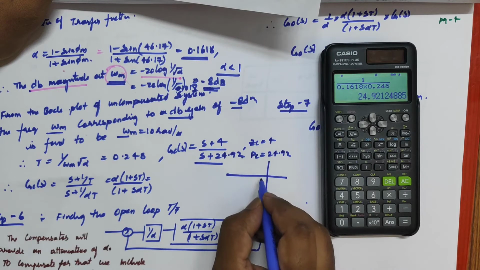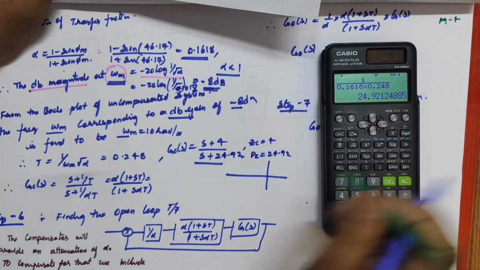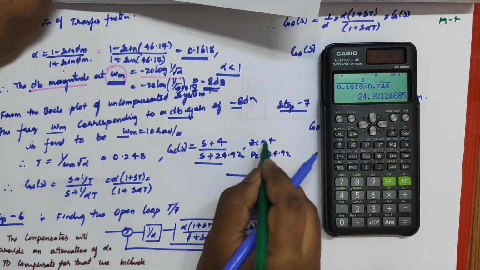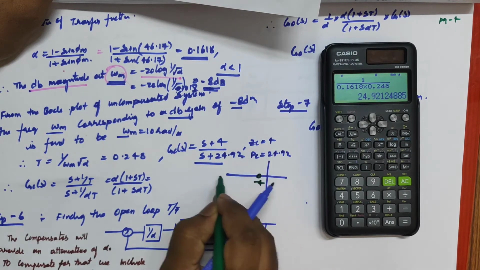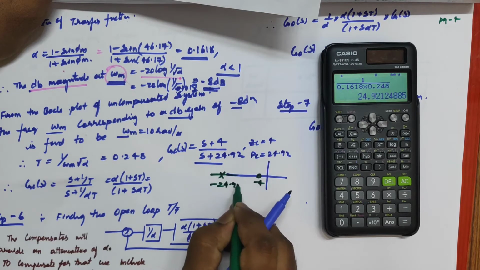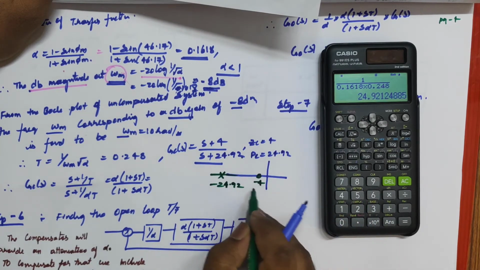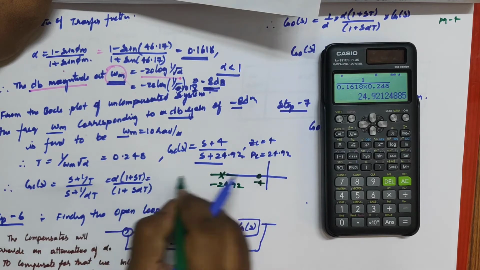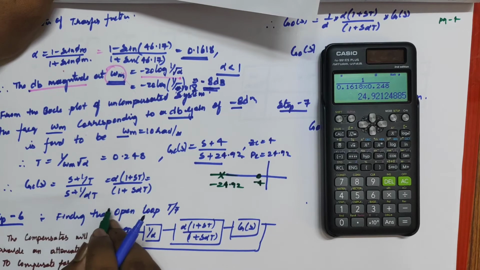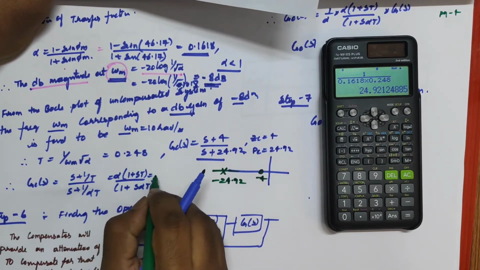So I have a zero at minus 4 and a pole far away at minus 24.92. If you observe carefully, this is almost far, but for lag it will be different; we'll observe that shortly.